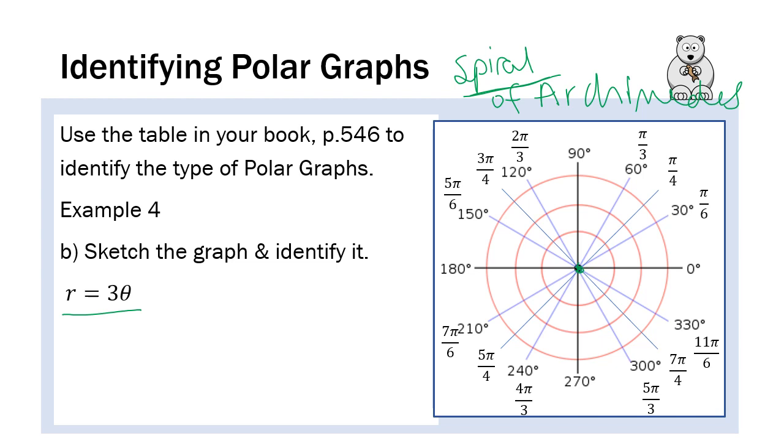And the 3 tells you how fast it's getting bigger. So I think my pi over 6 was just before 1. My pi over 3 is like 2.5, or yeah, 1.5. And then my 90 was actually at 5, so I had to do a 2, 4, 6 on this graph.